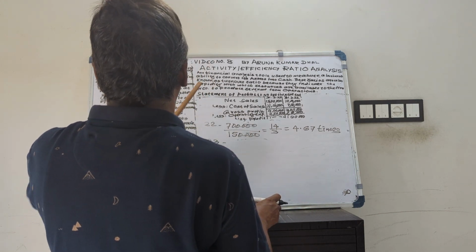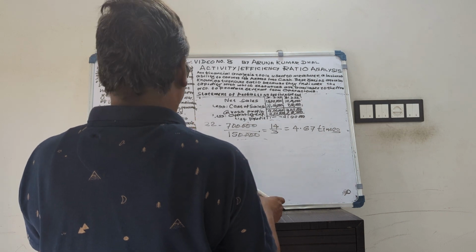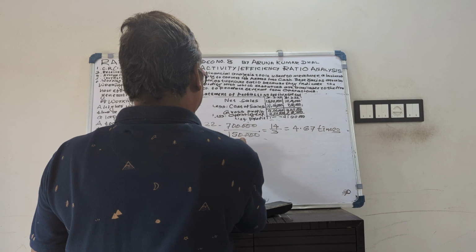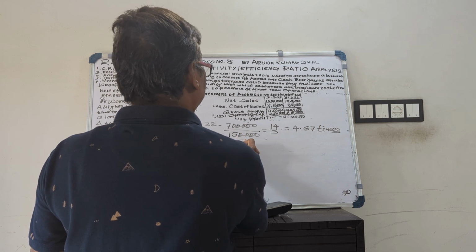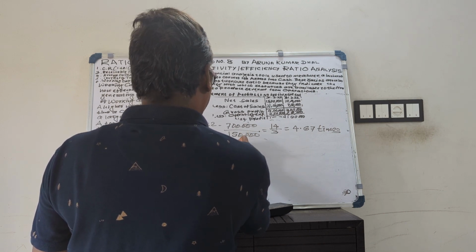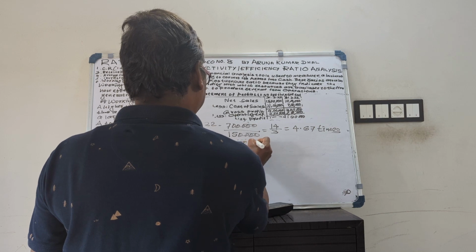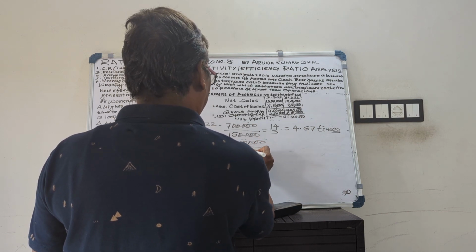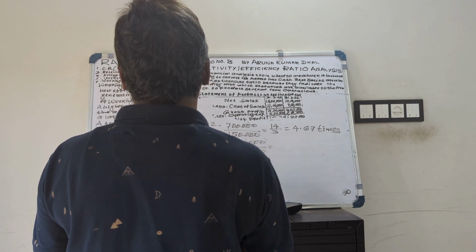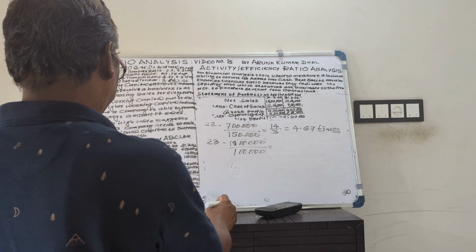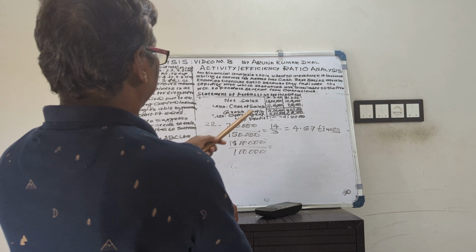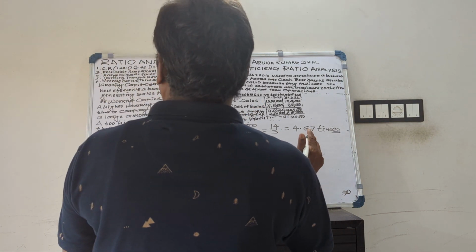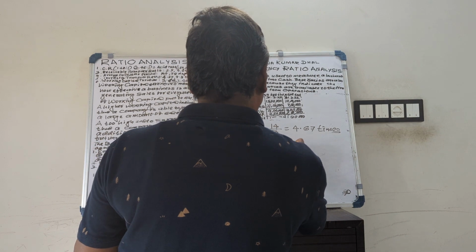In the inventory turnover ratio, we are taking into account the cost of sales as 11 lakh. So cost of sales of 11 lakh divided by inventory of 1 lakh, that is 11 times.